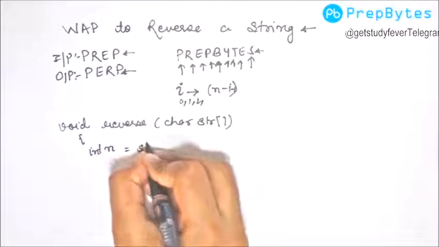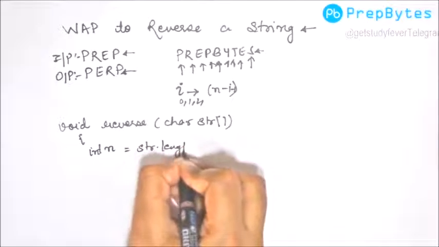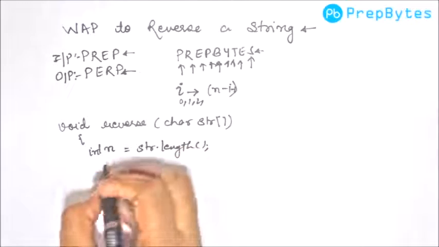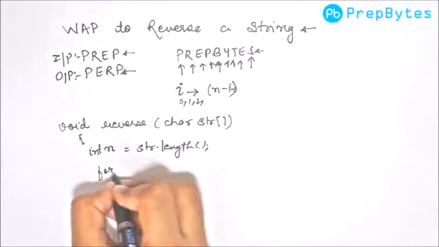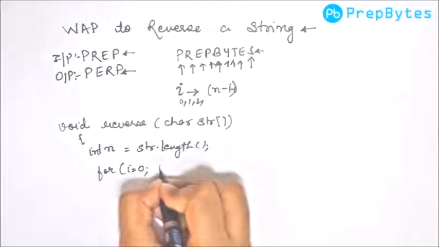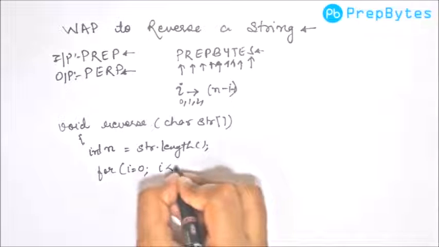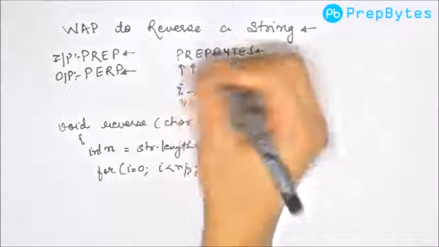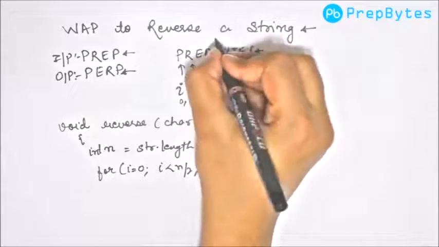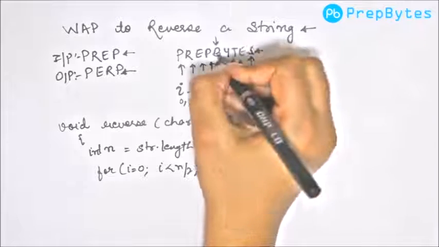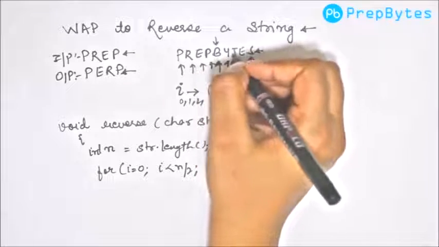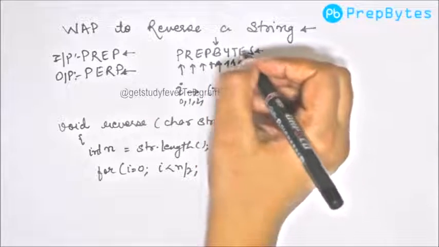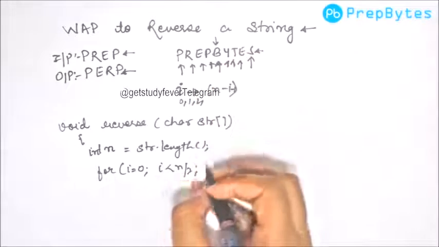We take the length of the string, we'll just go through it quickly, and we'll run a loop from i equal to 0 to n minus 2. Why? Because we want the swaps to happen only till the mid element, because if we go through the whole string, the swap will happen again and we'll get the same string again.